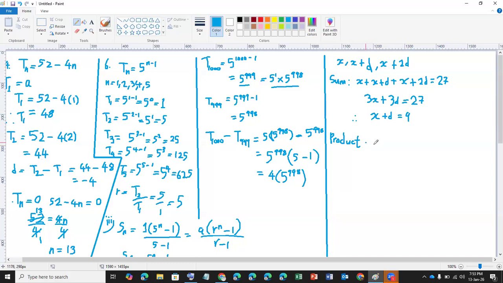So the product will be x times x plus b times x plus 2b. I can see something coming out already. Can you see something there? Yes. Remember we just concluded that x plus b equals 9.